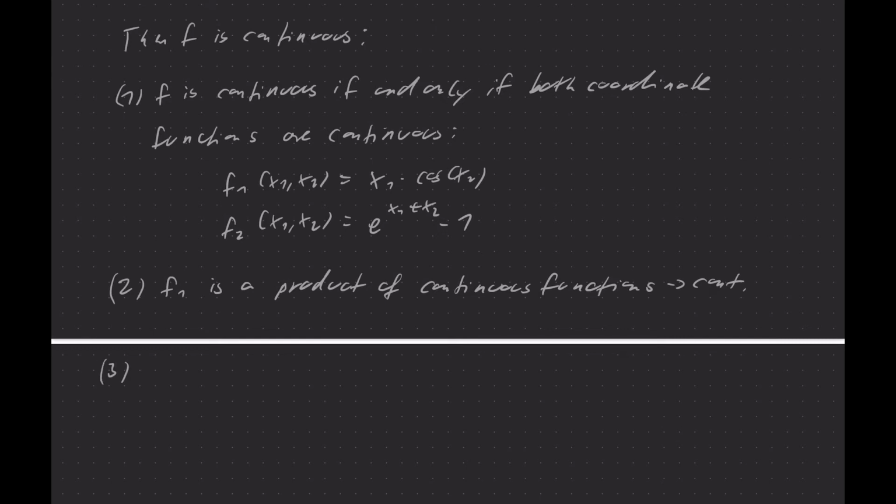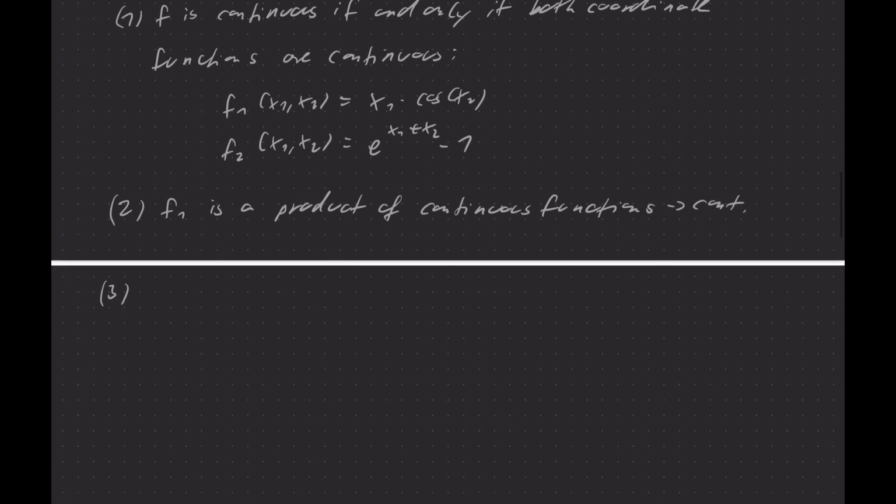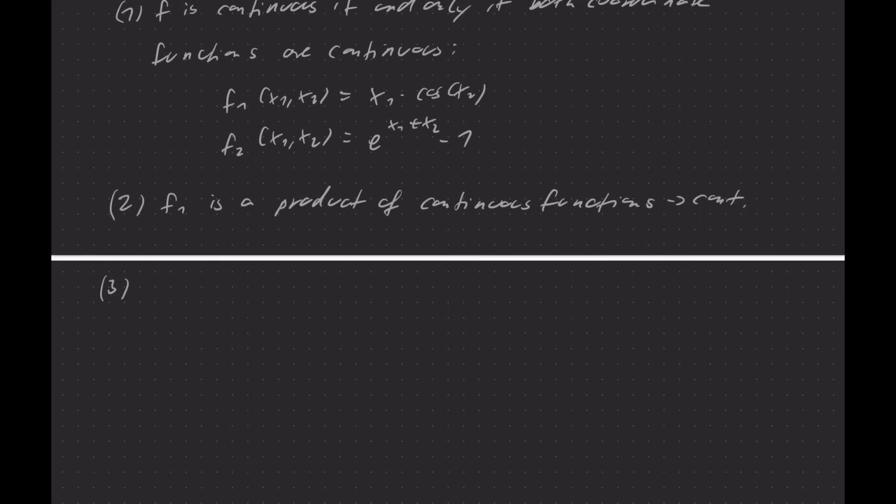And for f2, a similar argument holds, that is a sum of two functions, and the first of these is an exponential function, which is a composition of a simple one-dimensional exponential function and a sum of two values, and the sum is obviously continuous as well.